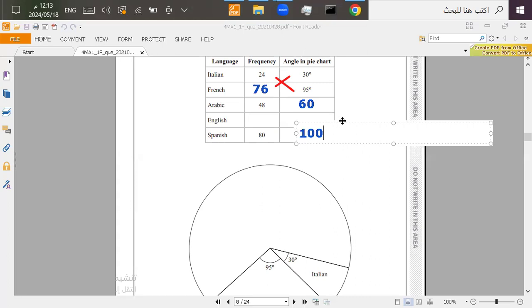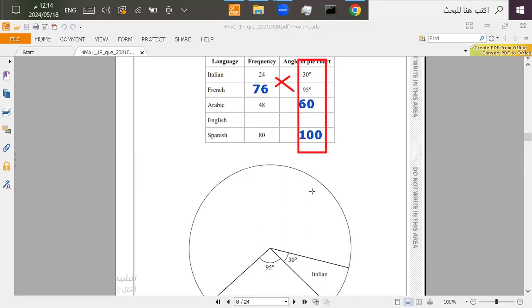Now, for the English part, I don't have the angles and I don't have the number of people. So I can't use the X method unless I have one of them. Now, I don't know the total number of people, but I know the total number of angles because all angles must add up to 360. It means I'm going to add these angles together and then subtract them from 360.